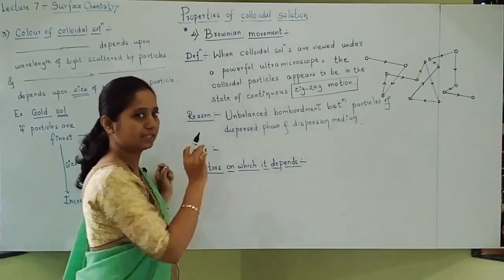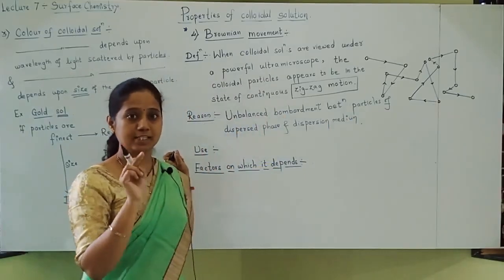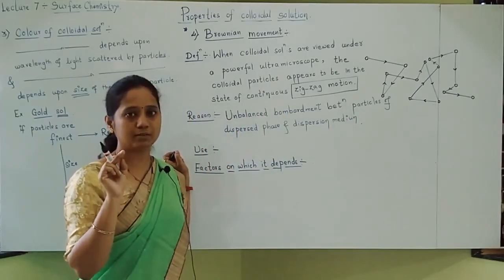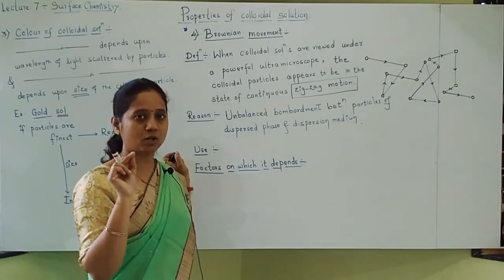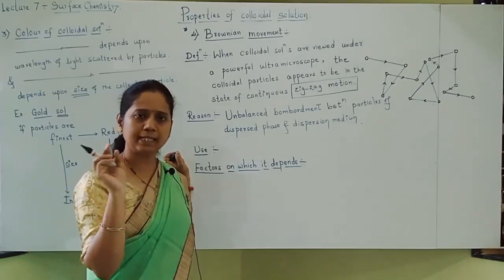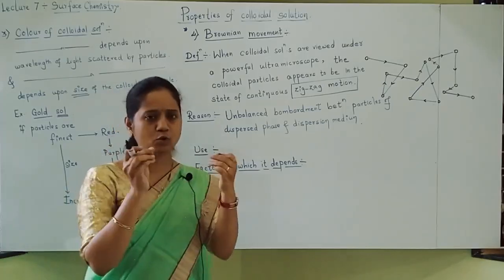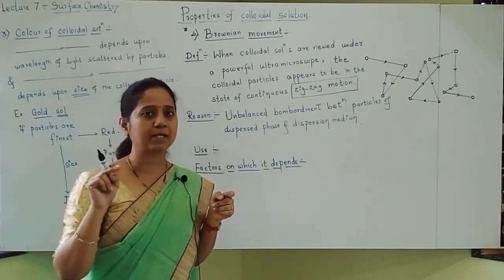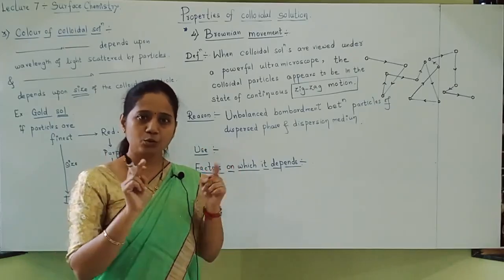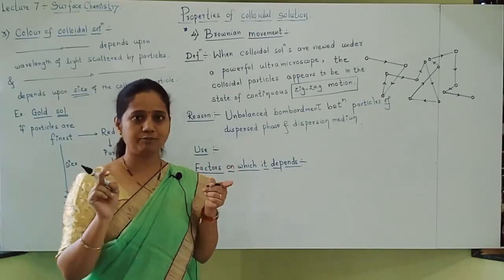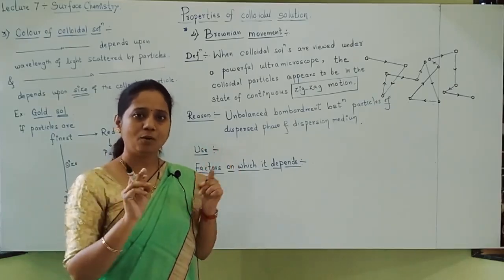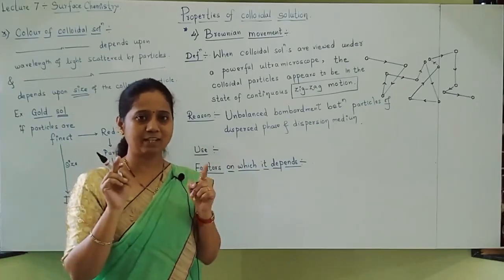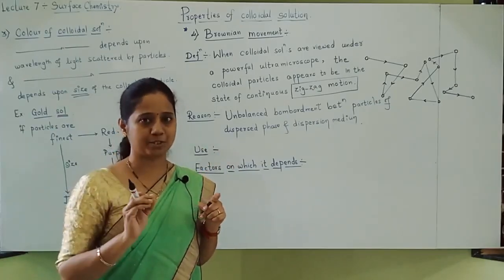So student, what is the reason for Brownian motion? There is always unbalanced, not balanced, bombardment. They are colliding on each other. Who is colliding? Particles of the dispersed phase and particles of the dispersion medium. Due to this unbalanced bombardment of two types of particles, they will always remain in zigzag motion.